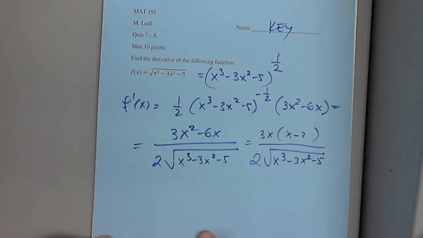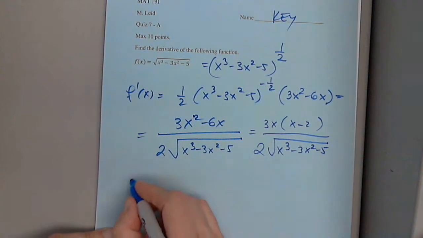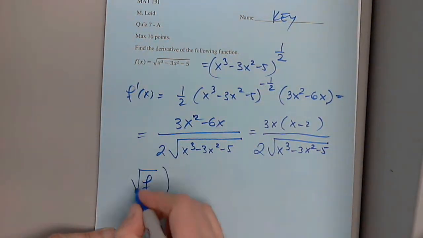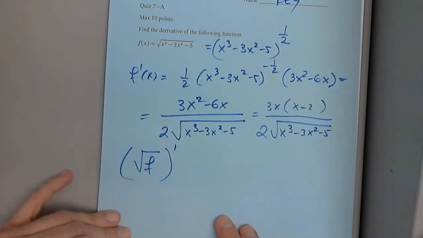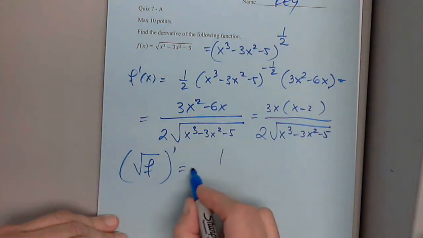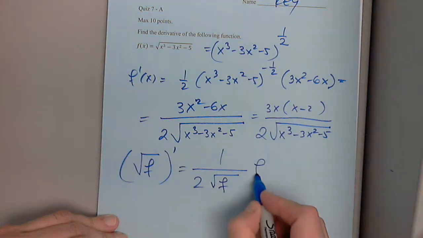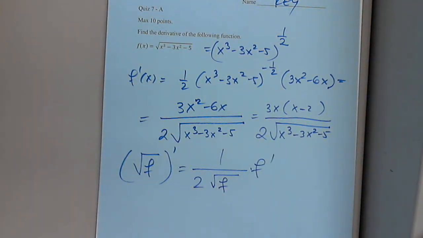Now, here's another way. If we remember the following formula forever, then we cut back on writing a lot. We don't have to change the square root into a power of 1/2 anymore.